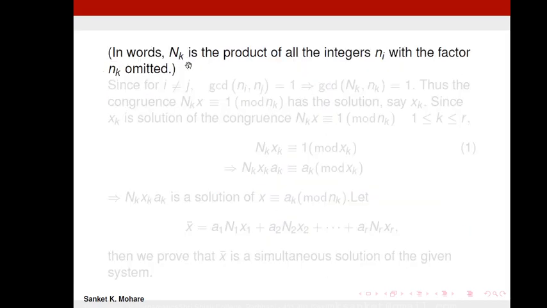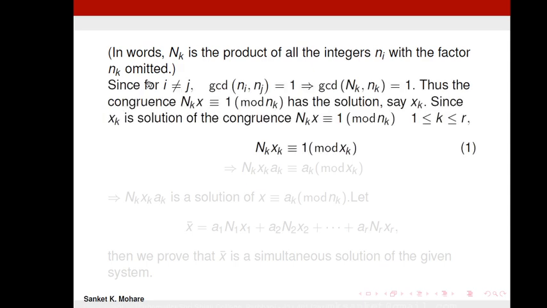In words, capital Nk is the product of all the integers ni with the factor nk omitted. Since for i not equal to j, gcd of ni comma nj is equal to 1, this implies gcd of capital Nk comma small nk is equal to 1. This is the given condition.